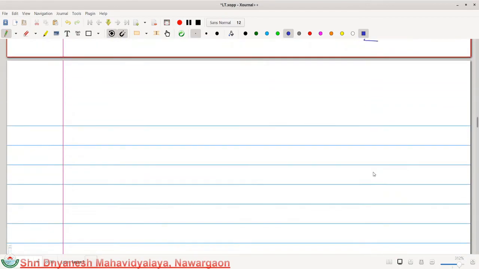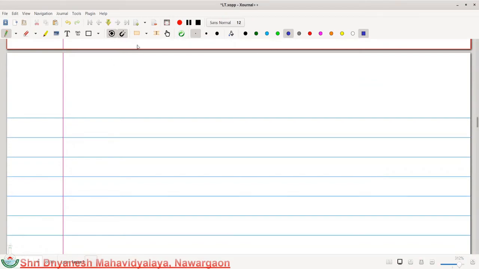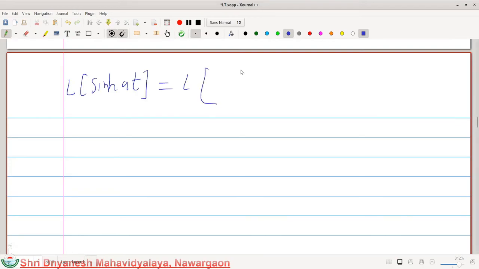So we first find the Laplace transformation of sinh(at). So Laplace transform of sinh(at) equals Laplace transform of (e^(at) minus e^(-at)) upon 2.